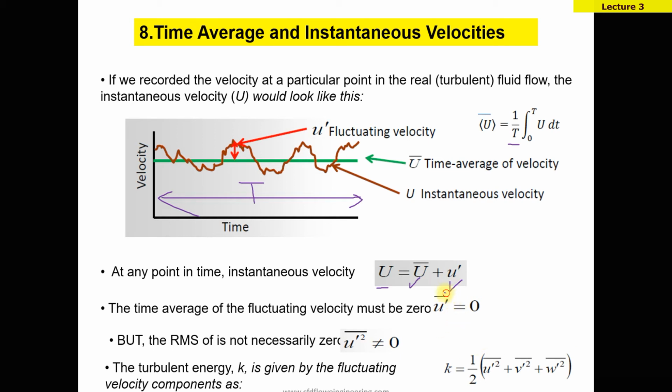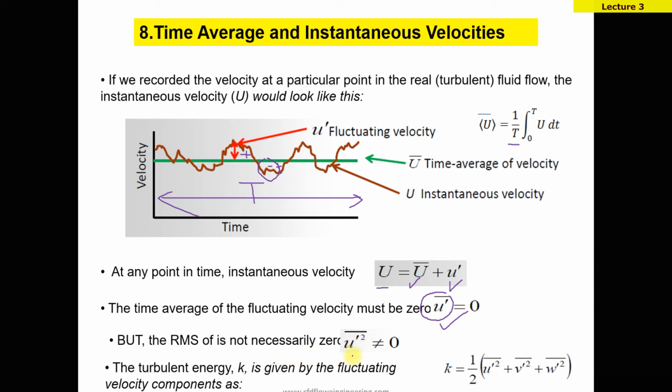Please note that the average of fluctuation is equal to 0, because if you take a sum of the fluctuation values, there will be some positive values above the average and some negative values. You take the sum of the positive and negative values, then the average of the fluctuating quantity becomes 0.